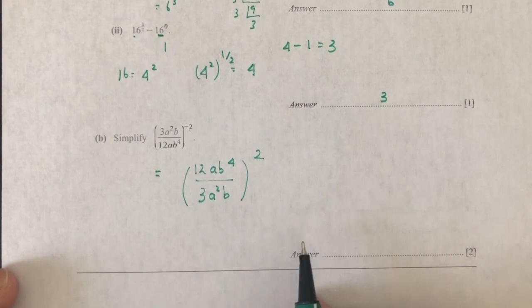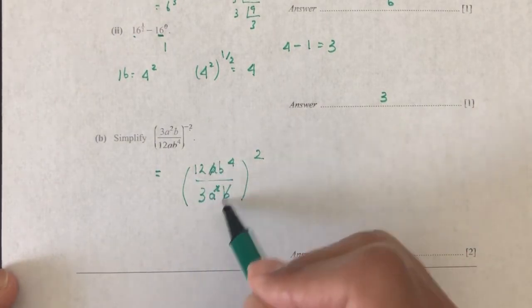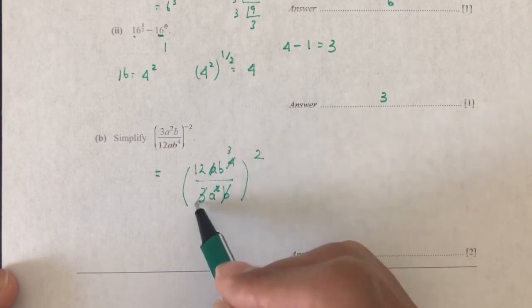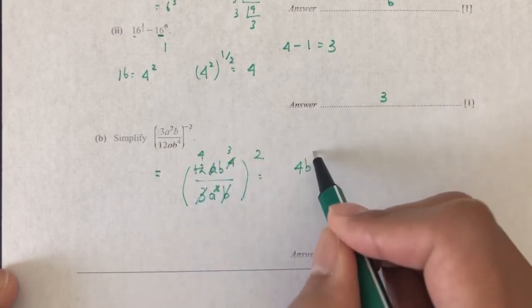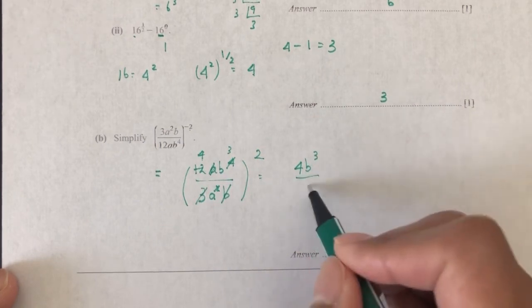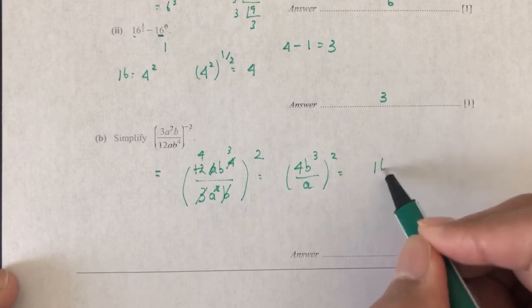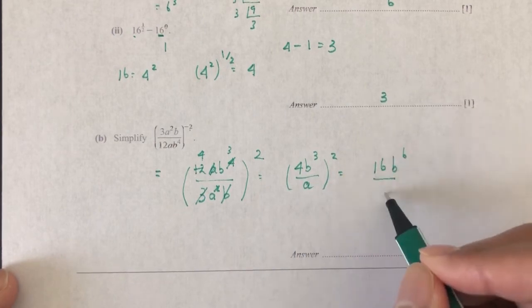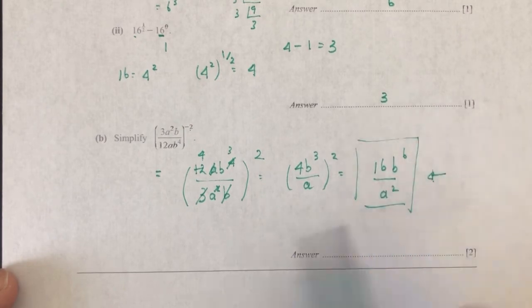So now we simplify. A goes away. And then b to the 3, or b4. So we have 4b cubed divided by a power 2, which will be 16b6 over a squared. And that is your answer for part B.